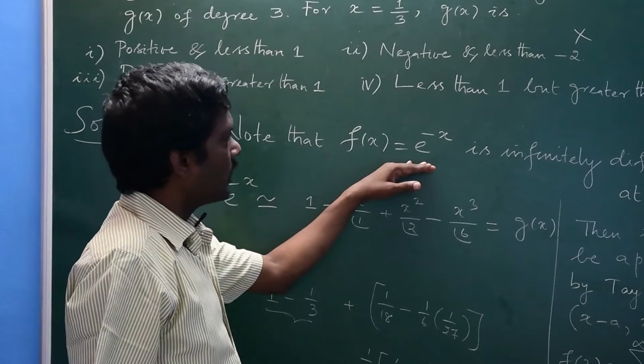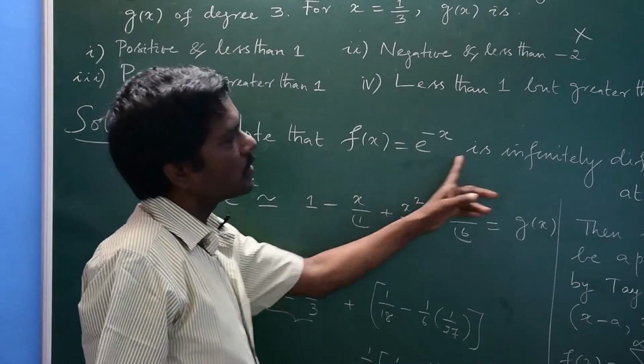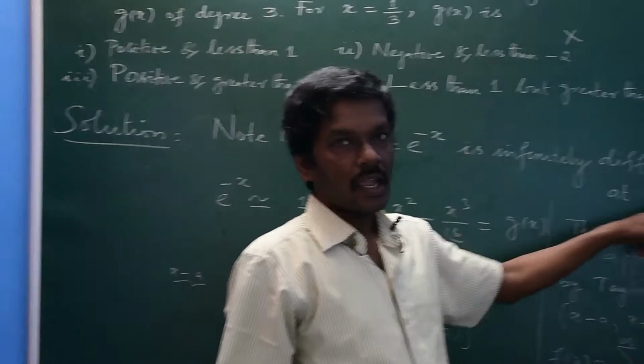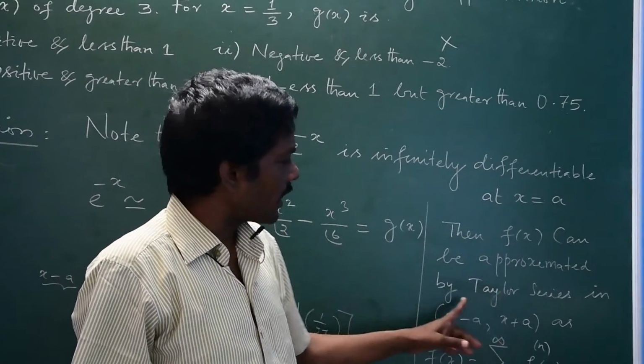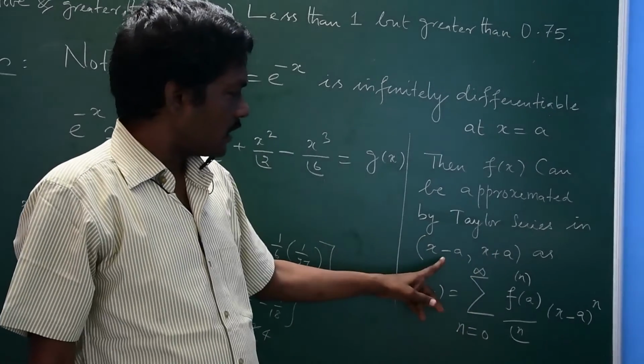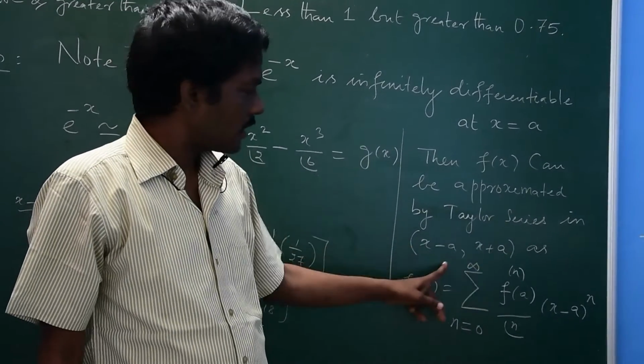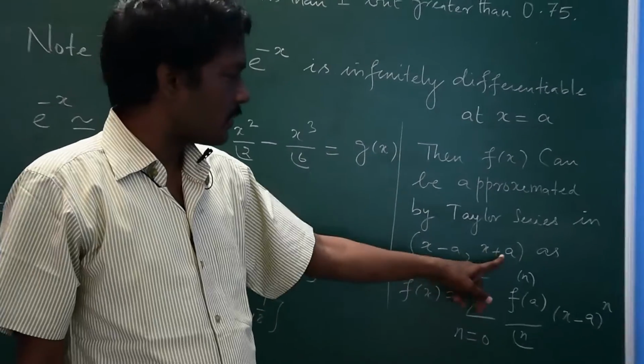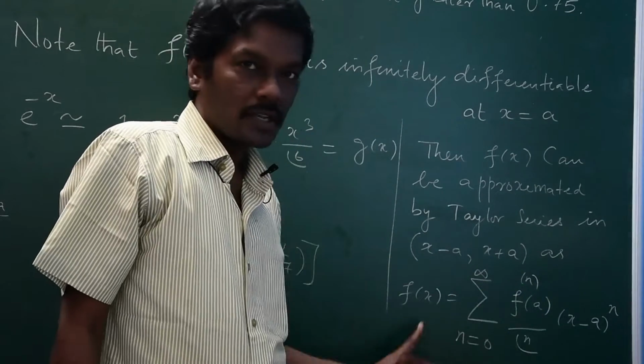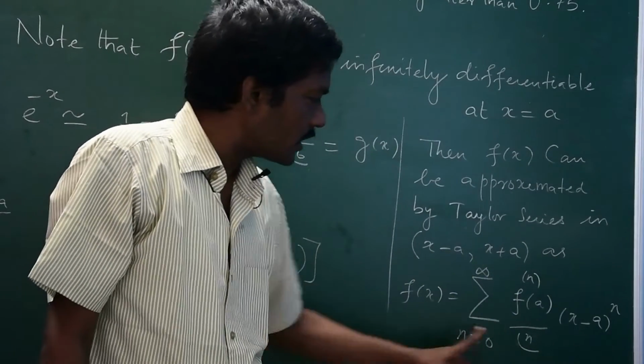Now we know that if any function is continuously differentiable at x is equal to a, that can be expanded as a Taylor series in the open interval x minus a, x plus a, as an infinite series. So this is the Taylor series expansion.